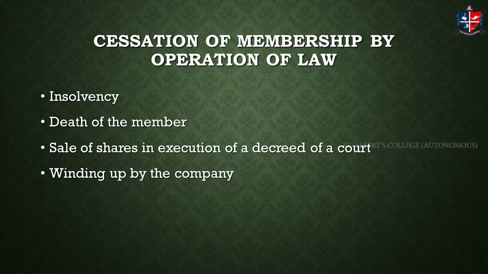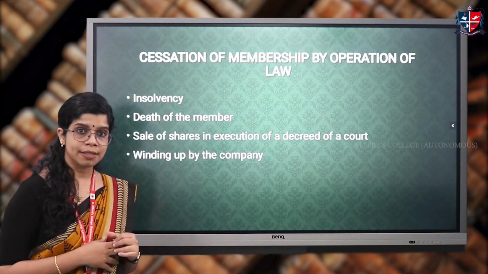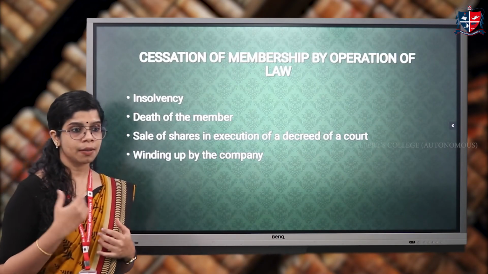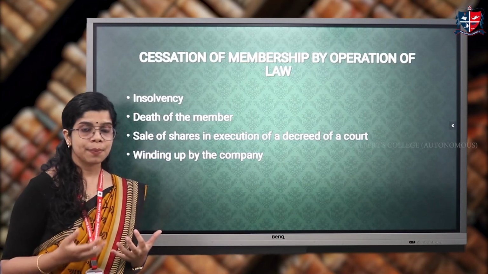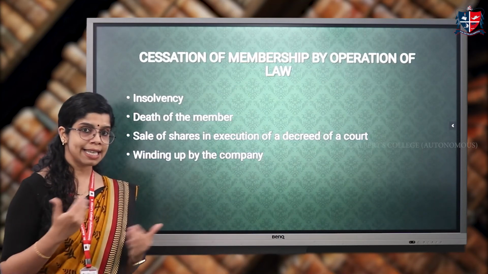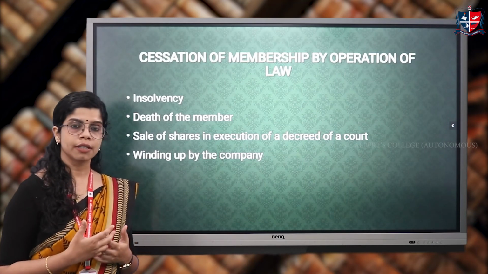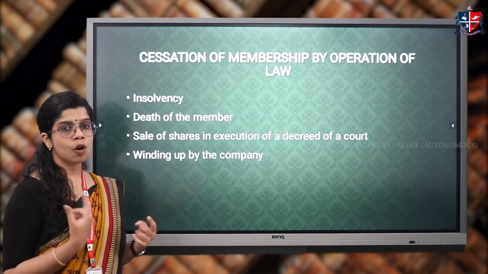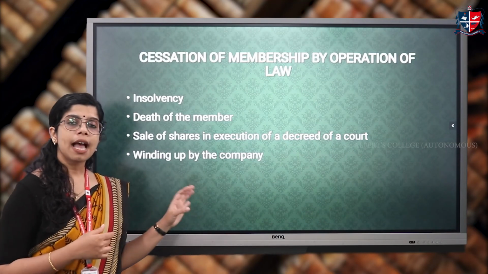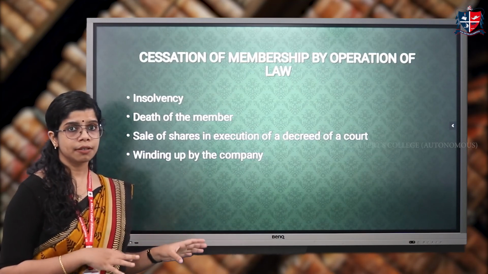Okay, now let's see the points that come under cessation of membership by operation of law. Number one, insolvency. When a member becomes insolvent and the official assignee takes up the assets of the person and sells off the shares that the person is holding in order to pay off his debts, there is operation of law, and the member ceases to be a member.